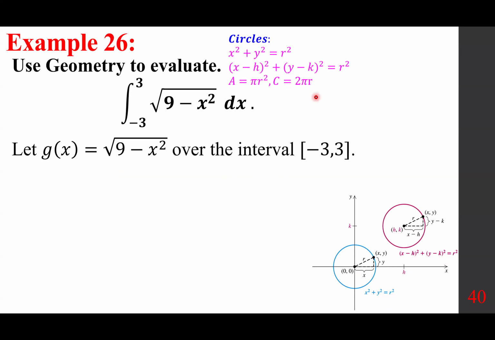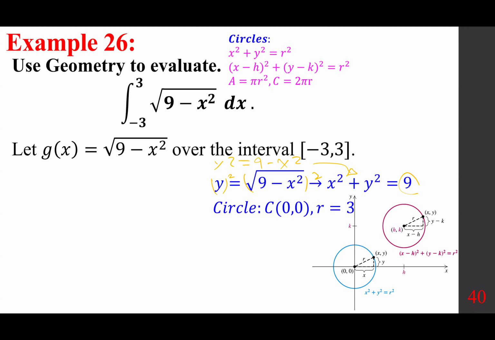And that means this is a semicircle, the top, the graph is a semicircle with the radius being square root of 9 or 3, because 9 is 3 squared. So this is a circle centered at 0, 0 with the radius 3.